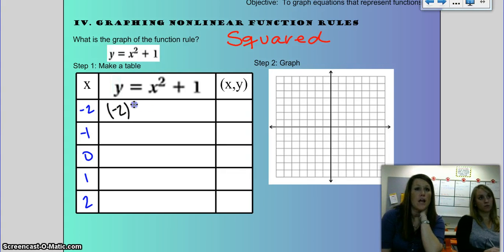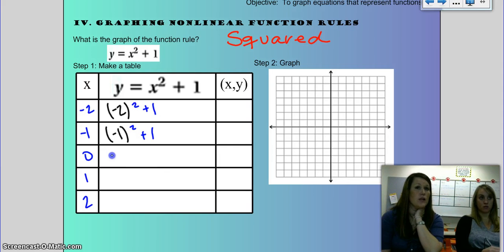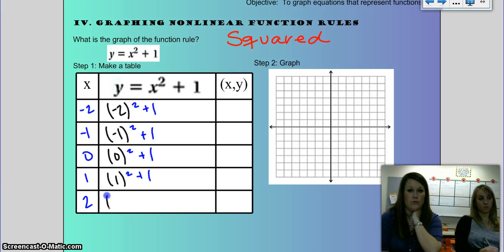For the sake of time, why don't we fill in the chart for them. Well, they're going to have to write this down themselves. Yeah, you should write it down. All we're doing is plugging in the x value for the value of x in the equation, and then we'll solve.